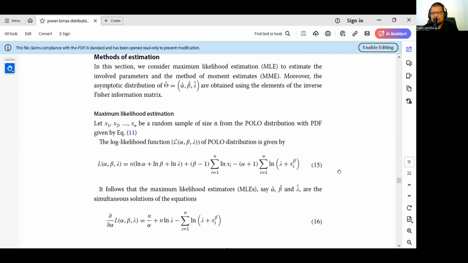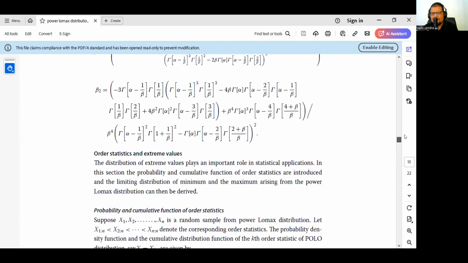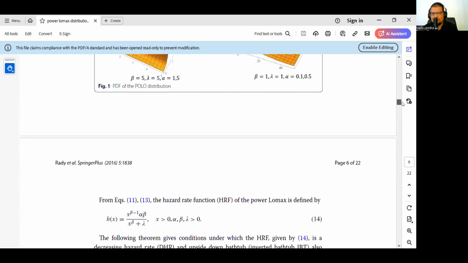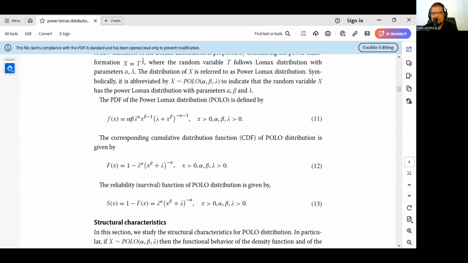Because we know that in equation 11, we can find the density function for the power Lomax distribution with alpha, beta, and lambda to the power alpha. In the log likelihood, like in equation 15, we can find the false or wrong log likelihood.